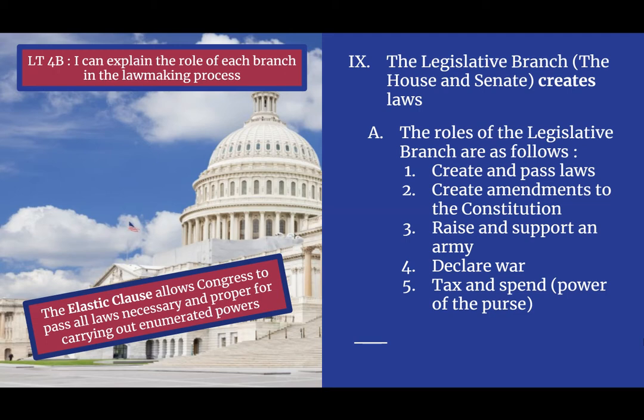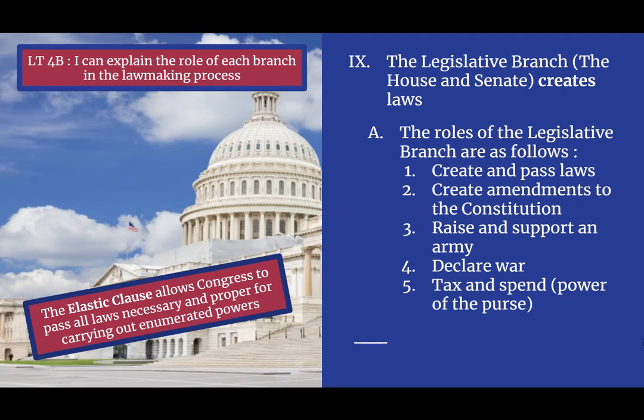One example of this is one of the concurrent powers or the federal powers, which is to have a postal system. So like the USPS, the United States Postal Service, one of the necessary and proper uses they found was to create roads in order for the Postal Service to carry out their business.